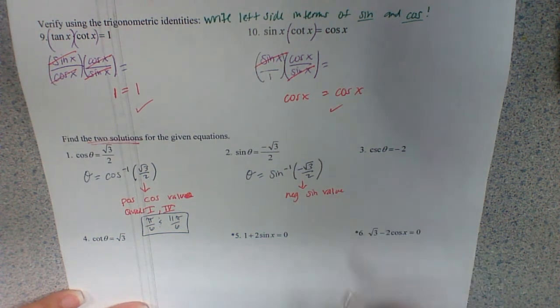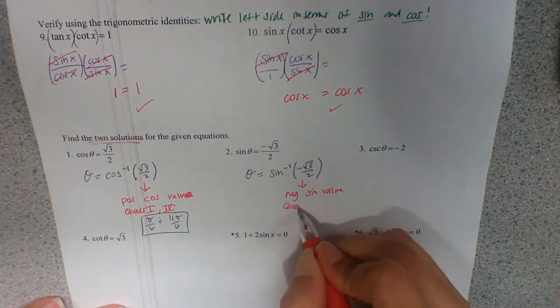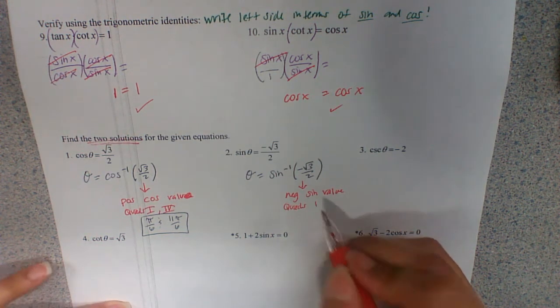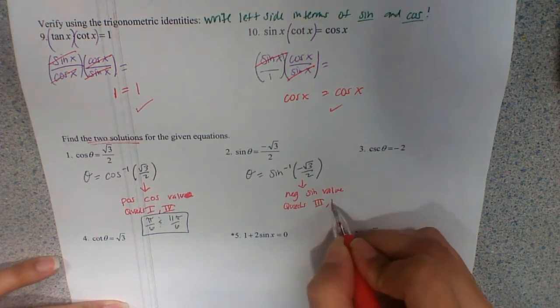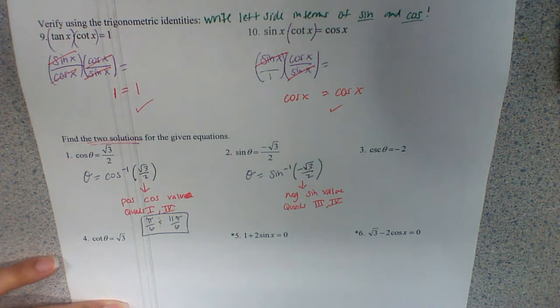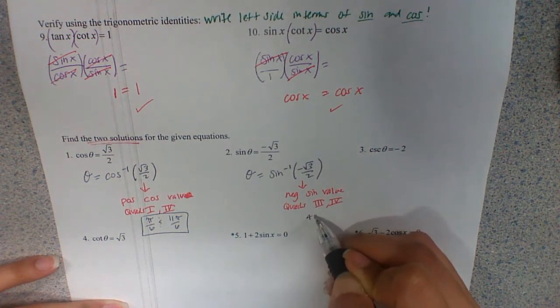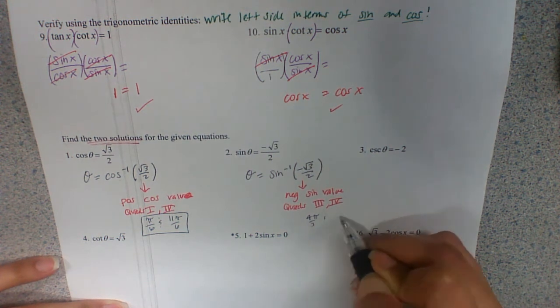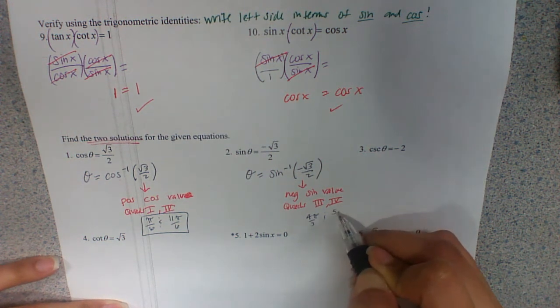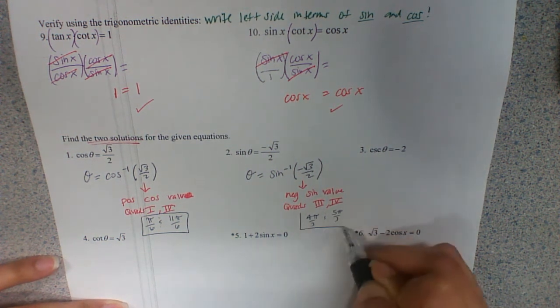Now remember, sine is your y value, and y is negative everything below the x-axis. So we're looking at quadrants 3 and 4. So in quadrant 3, that angle would be 4 pi over 3. And in quadrant 4, that angle would be at 5 pi over 3.